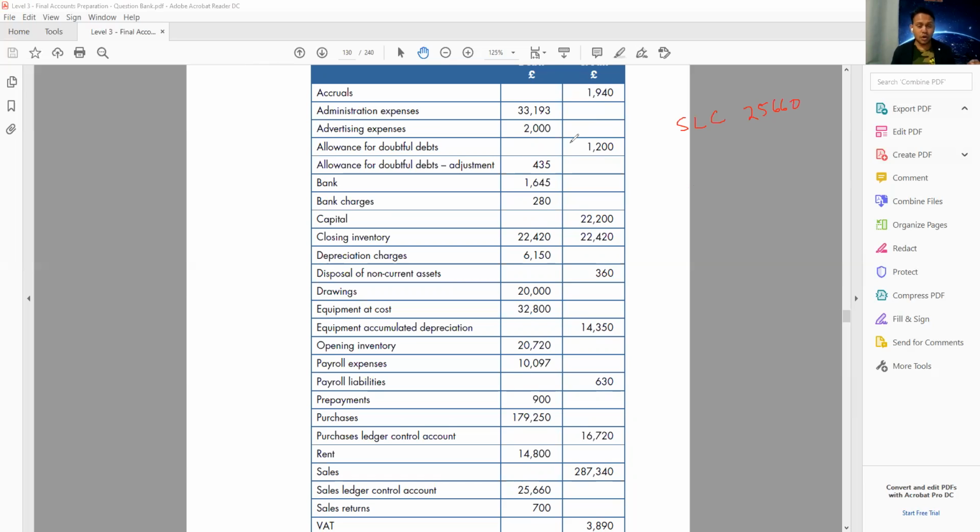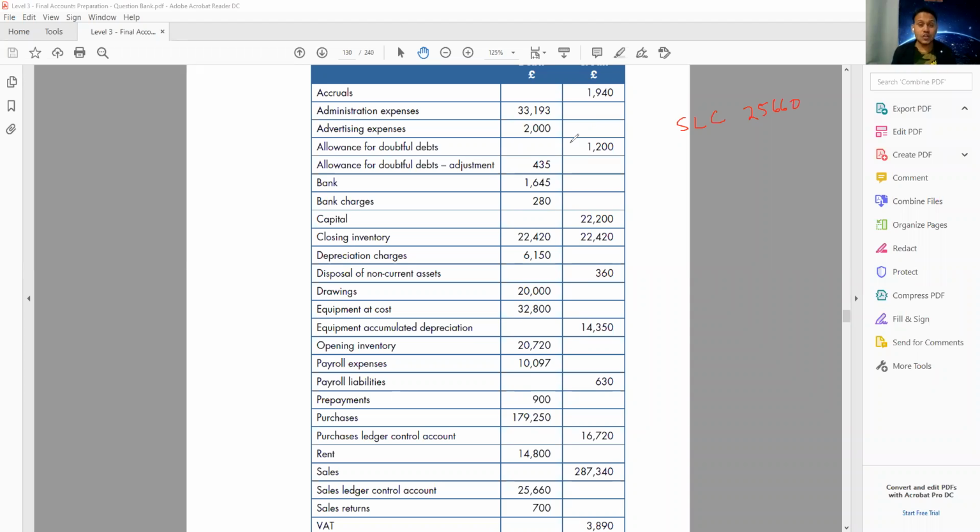Maybe you're expecting more customers not going to pay you this year. So you want to keep more allowance. So before you kept 1,000, now you want to increase it. So if you want to increase it, then you make the adjustment. That time you say allowance for doubtful debt adjustment. So when you need to increase it or decrease it, then we use the word allowance for doubtful debt adjustment.